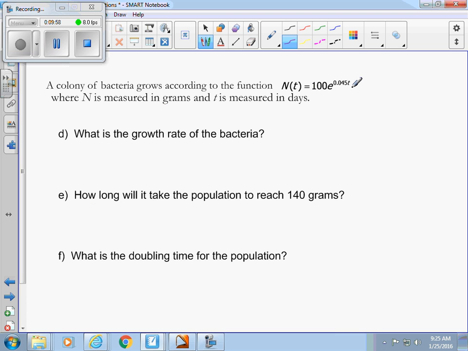So what's the R here? 0.045, or if I wanted to represent that as a percent, what would that be as a percent? 4.5%. Both of those are correct answers. 0.045 or 4.5% is the growth rate.